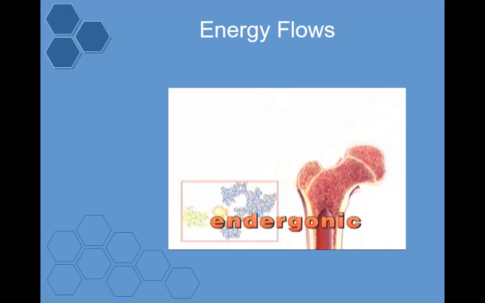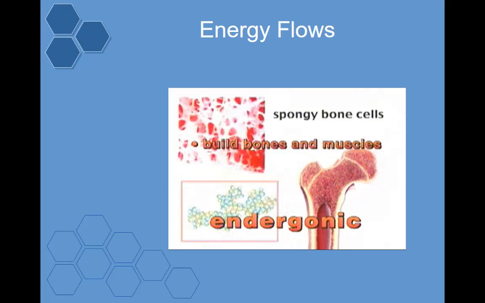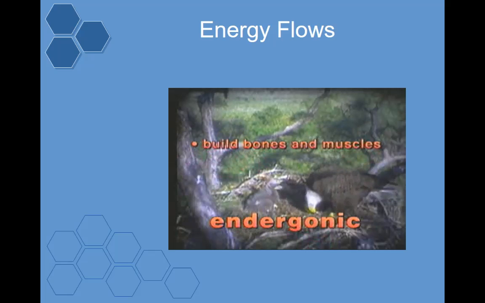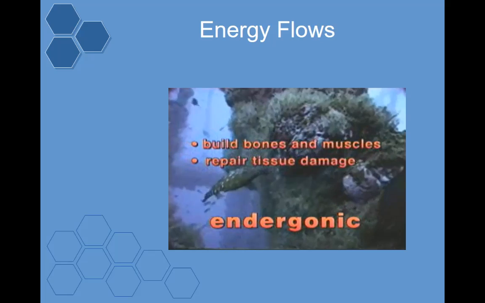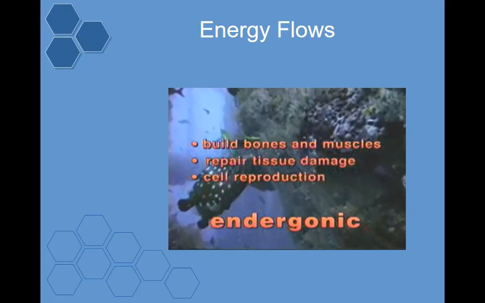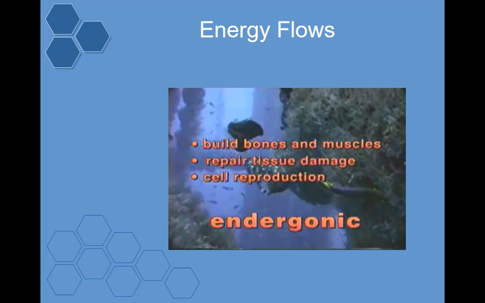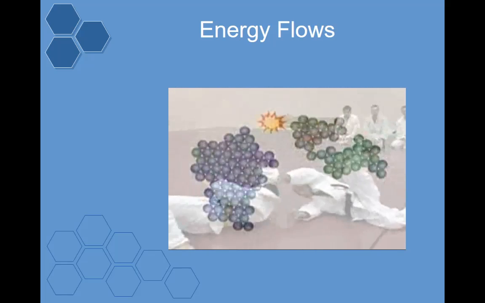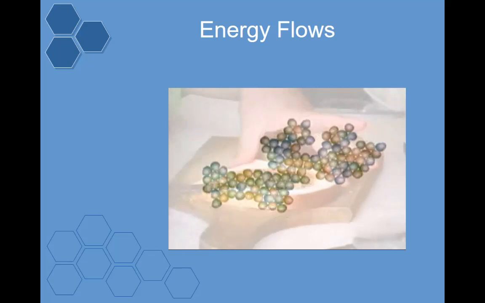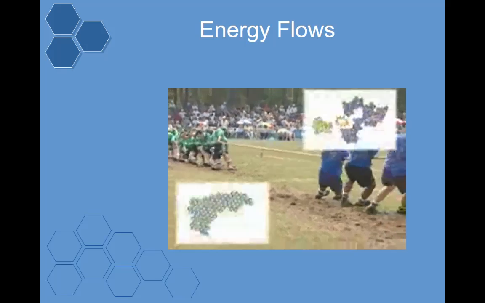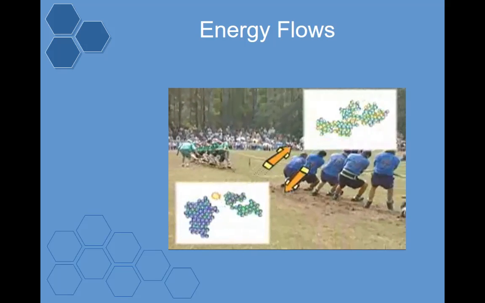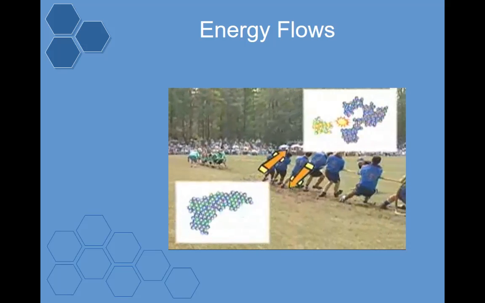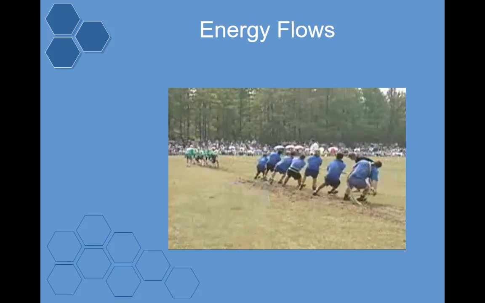Endergonic reactions put molecules together to build muscles, bones, and other cells. The growing process is an obvious example. Cells also constantly need energy to repair damage and reproduce. These are endergonic processes. These types of reactions require an input of energy. Exergonic reactions release energy, and endergonic reactions consume energy. The two are part of a coordinated energy flow in which the energy released during one reaction helps to fuel the opposite reaction.